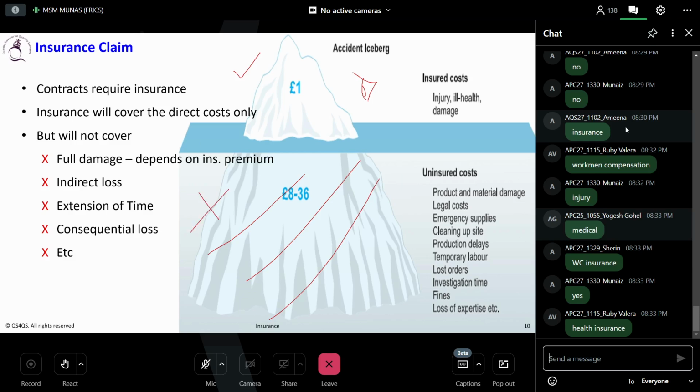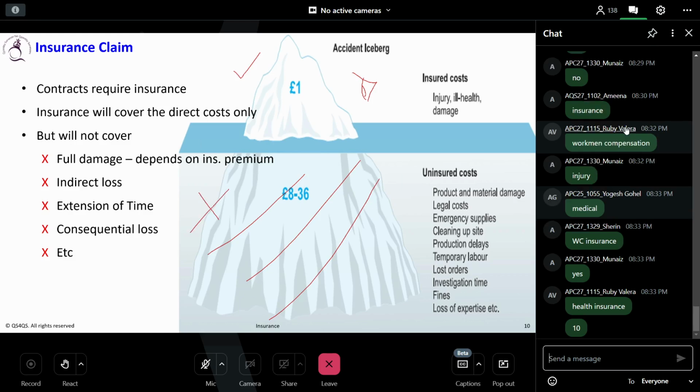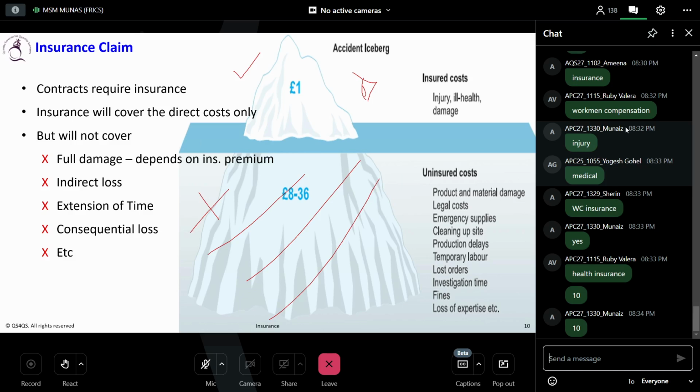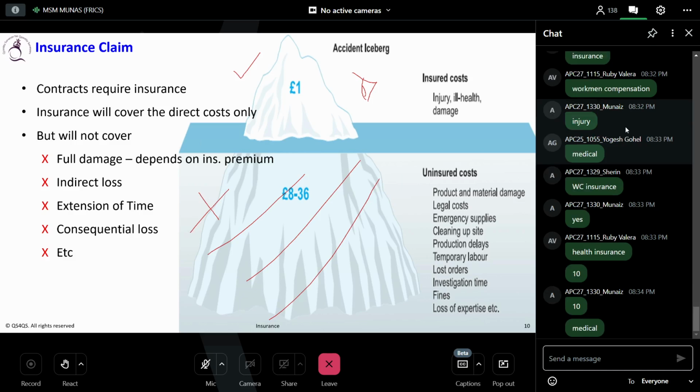How many laborers got injured? 10 laborers. Right. So when the 10 laborers got injured, the insurance will cover only the medical expenses based on the terms you have set, what is approved or agreed in the insurance. Now, what is not going to be covered?